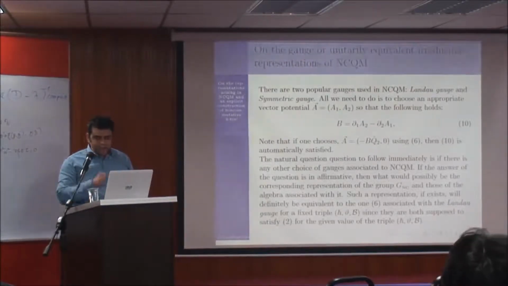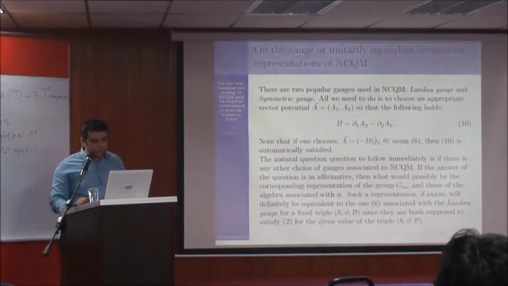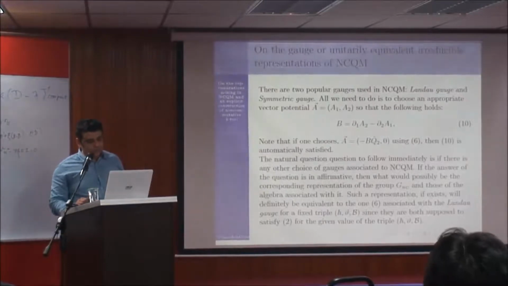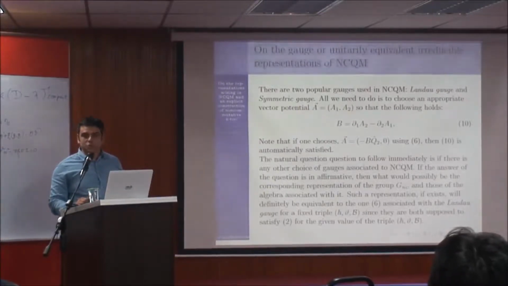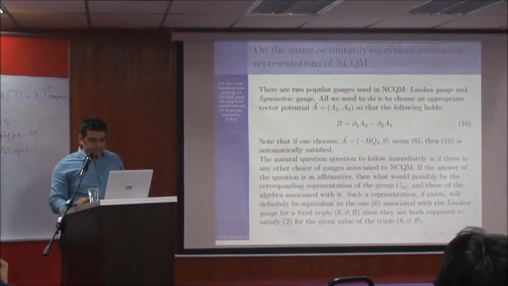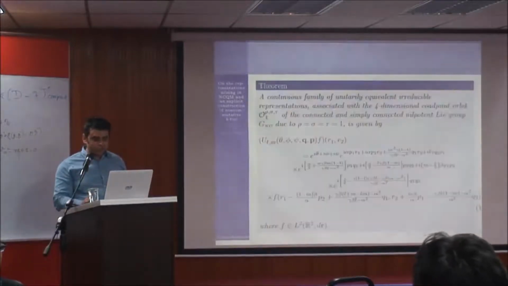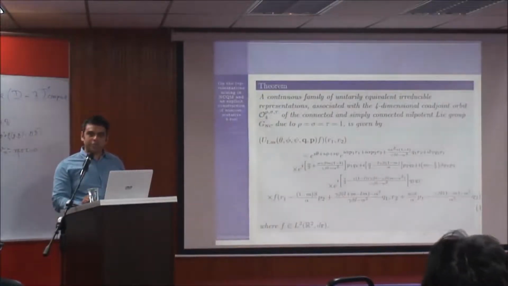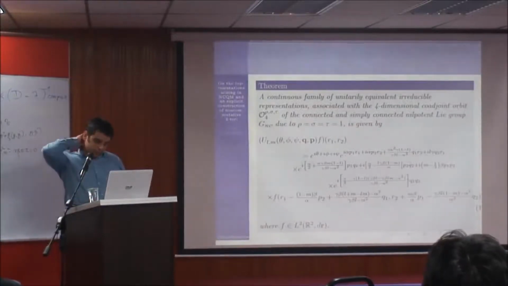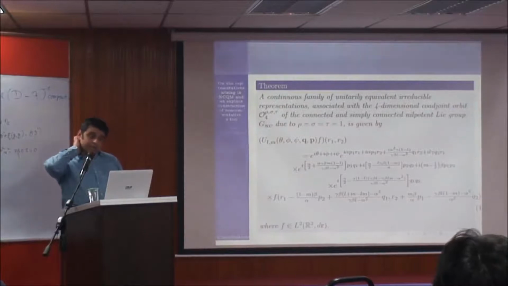So the natural question to follow immediately is whether there is any other choice of gauges associated. In order to understand these gauges, we need a theorem. The theorem is the following: a continuous family of unitarily equivalent representations.